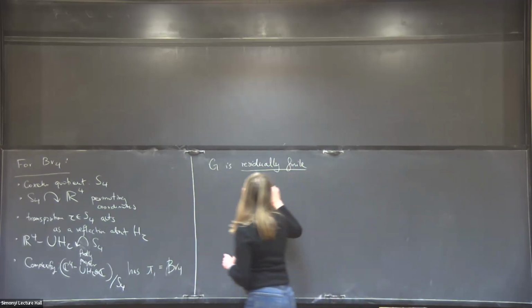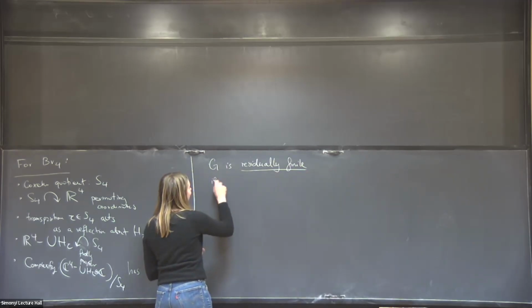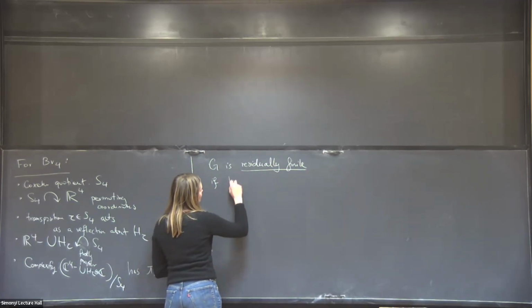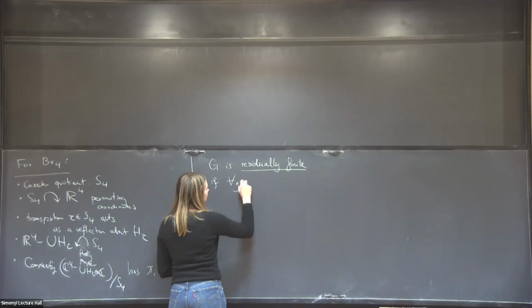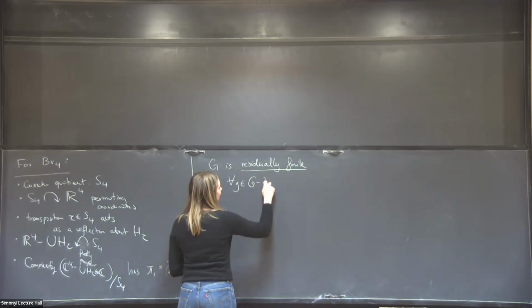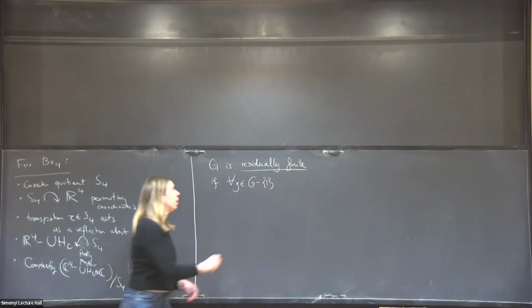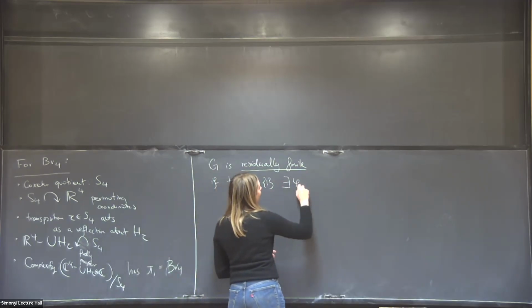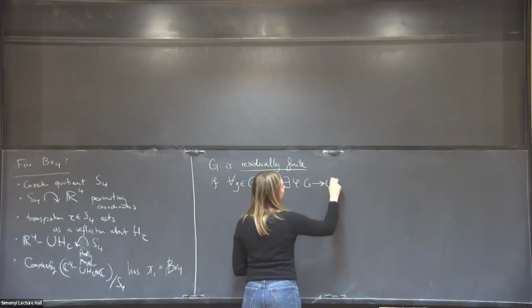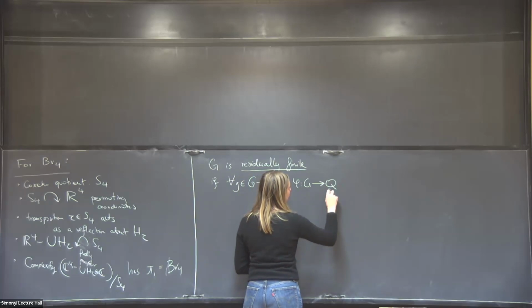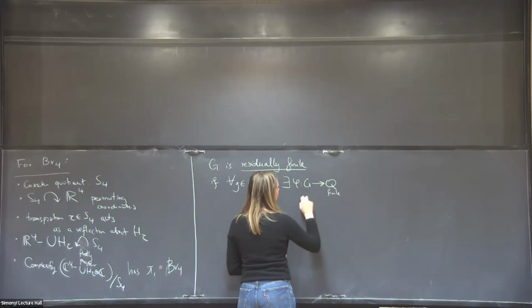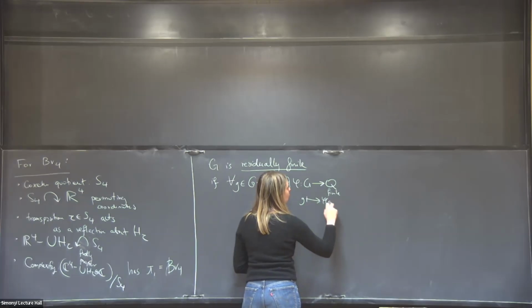So a group is residually finite if, and there are a lot of different ways of saying it, one is that if I take any non-trivial element in the group, then there exists a finite quotient where my element survives.